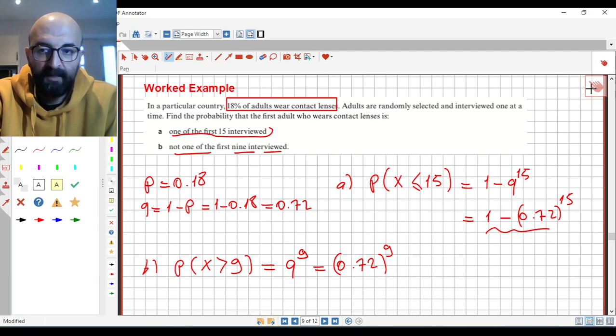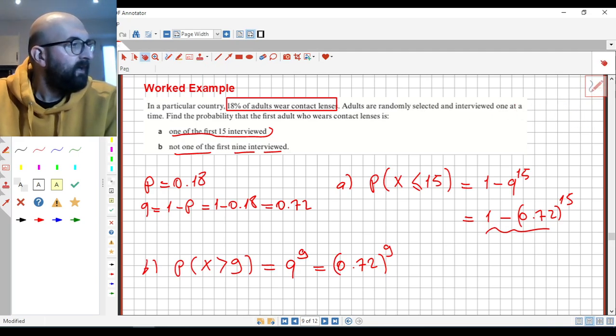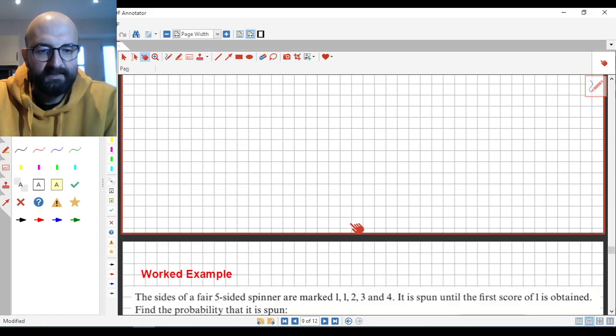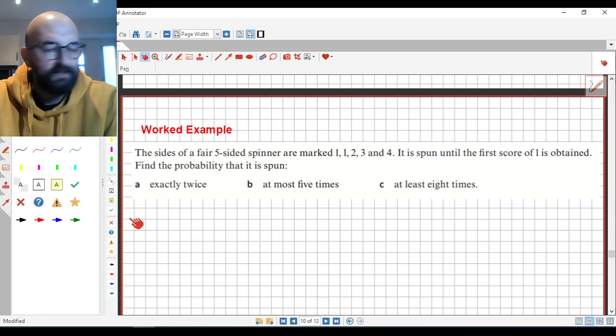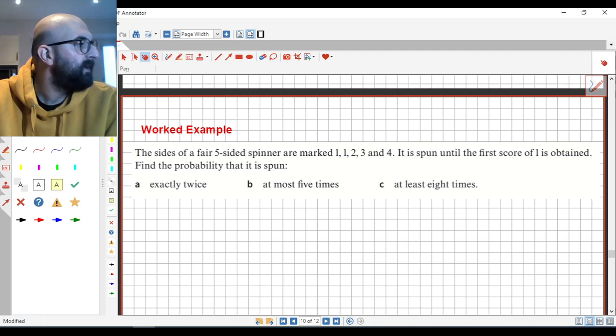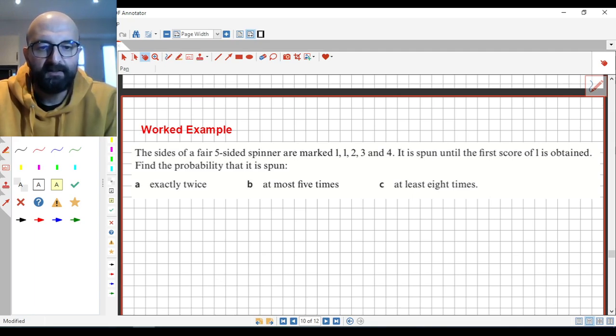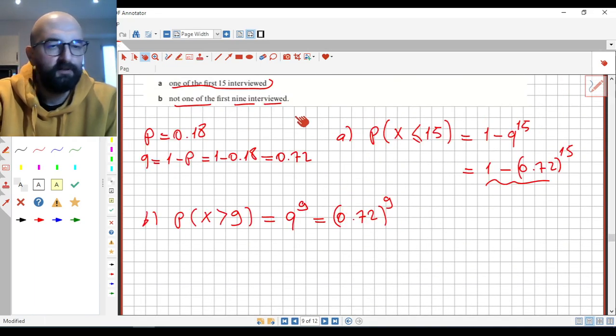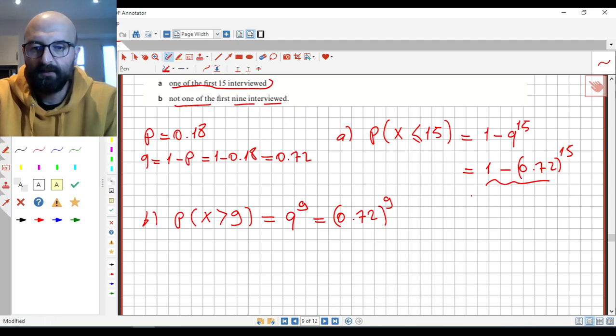Okay, and we can pass to the next example.